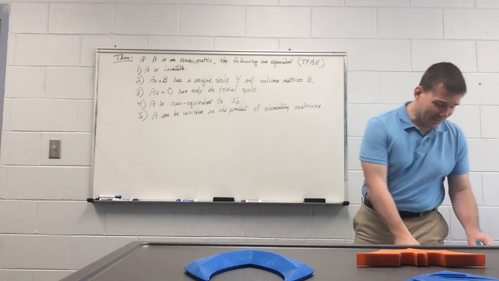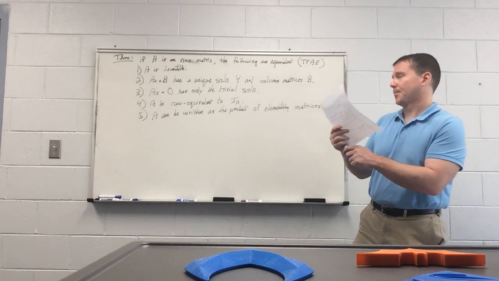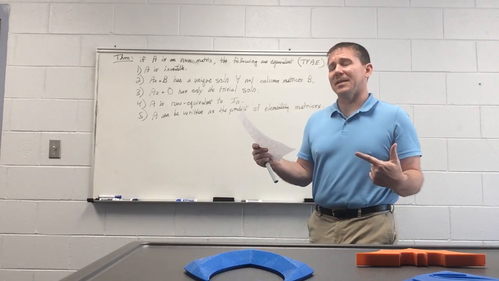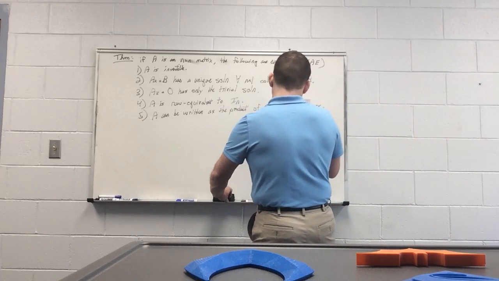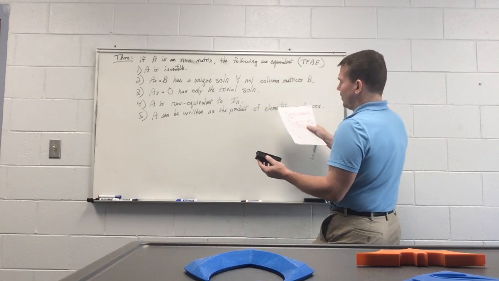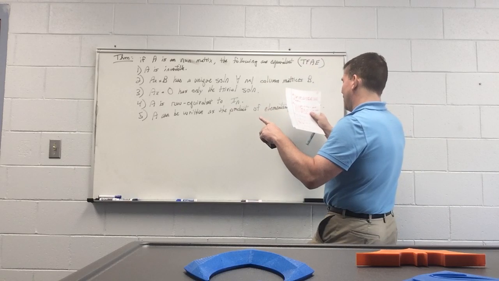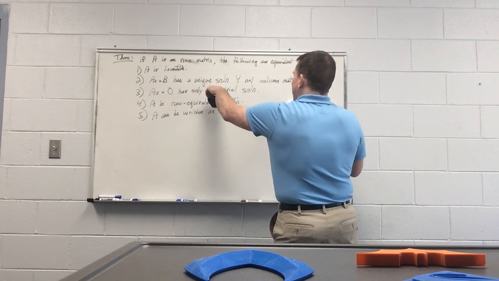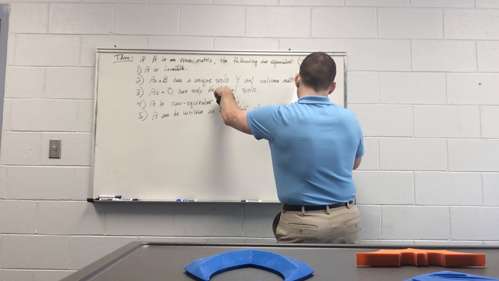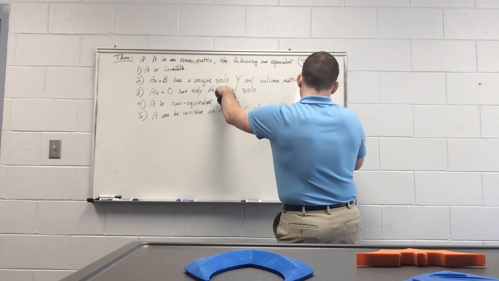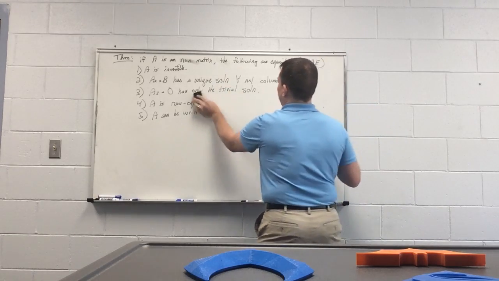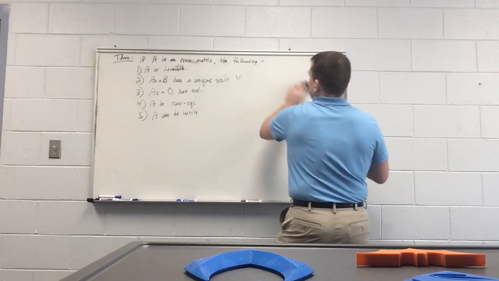But to see how it works, let's see. Since I'm assuming you all have it written down, I'm going to have to erase this. But the one I wanted to show was AX equals B has a unique solution. So just to work with that one really quickly.